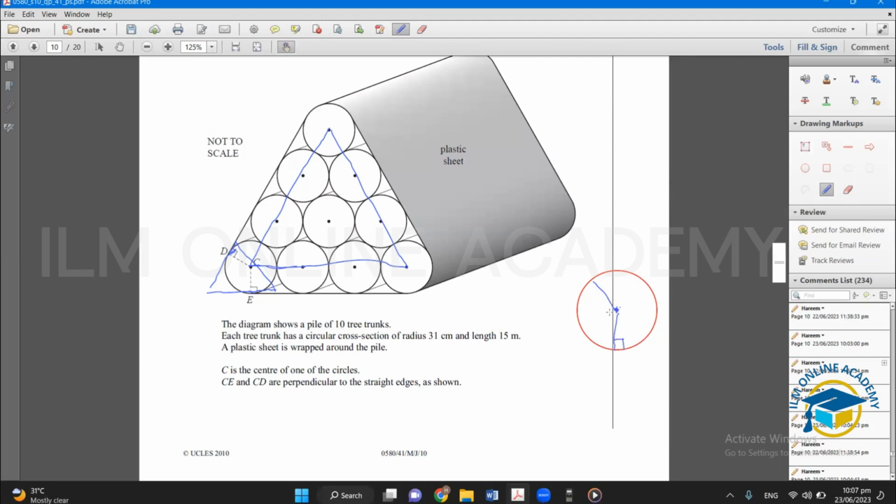Both of these are perpendicular, which means they are making a right angle triangle.